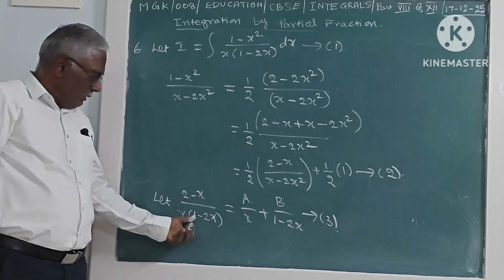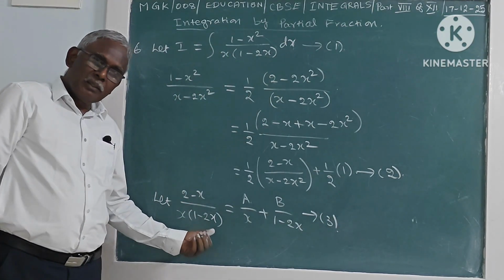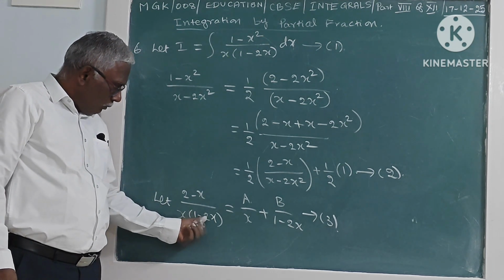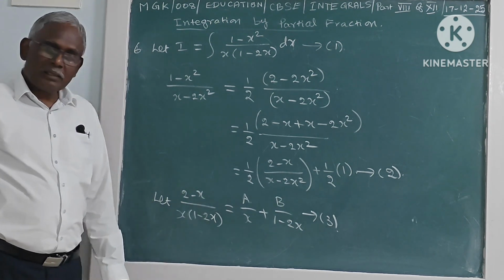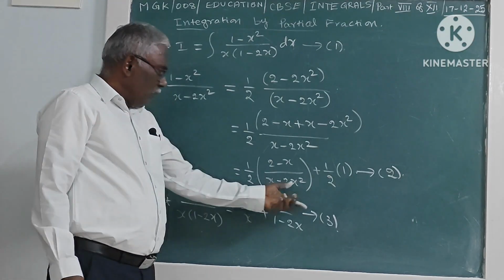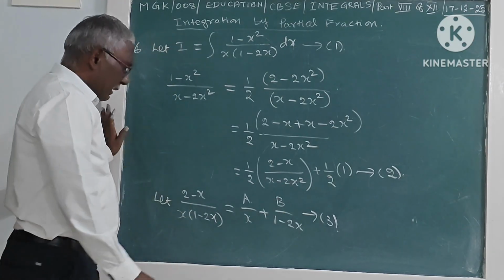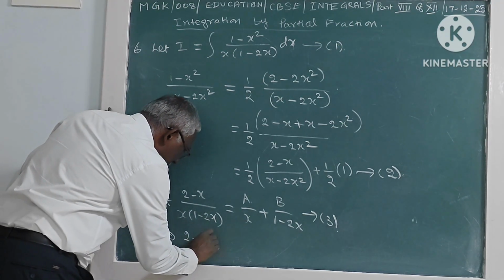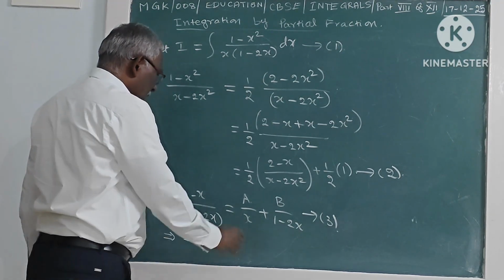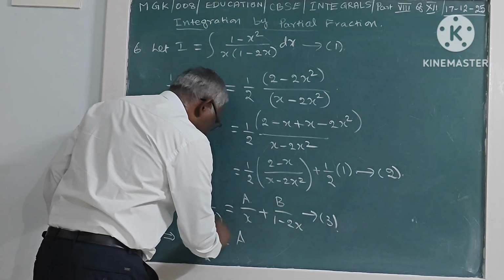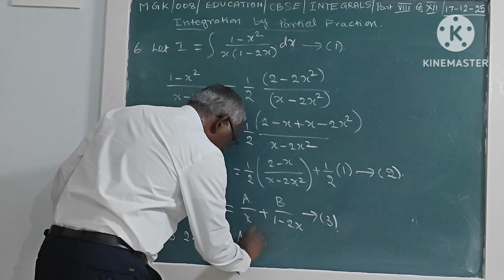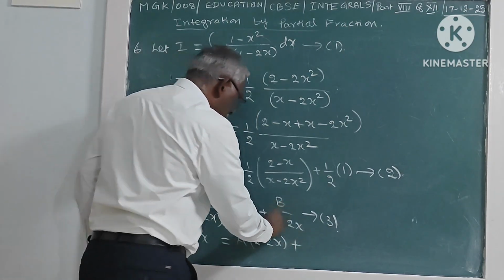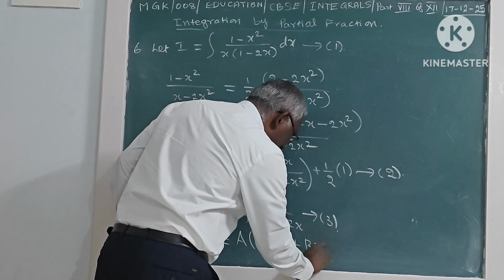So I have not changed this to x minus 2 to x minus 1. I just retained as such x into 1 minus 2x, 2 minus x like this. Now multiply throughout by x into 1 minus 2x. We will get 2 minus x is equal to a into 1 minus 2x plus b into x.